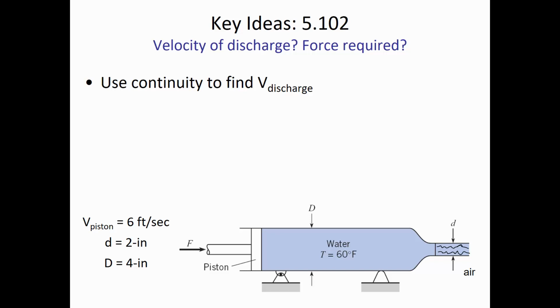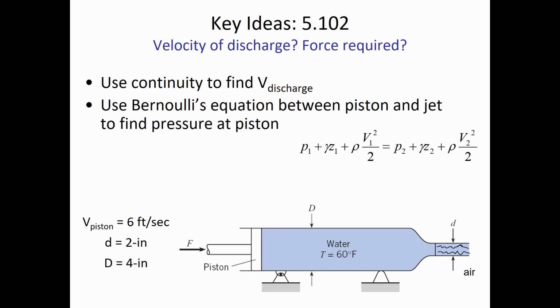And so they tell you the velocity of the piston is 6 feet per second. So the area is going to be dependent on 4 inches here on the left. On the right, the diameter is 2 inches, and so the velocity out can be calculated pretty easily. And then you're going to apply Bernoulli's equation to find out what is the pressure inside of here.